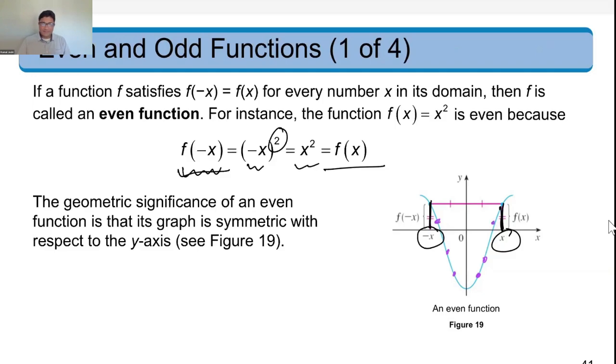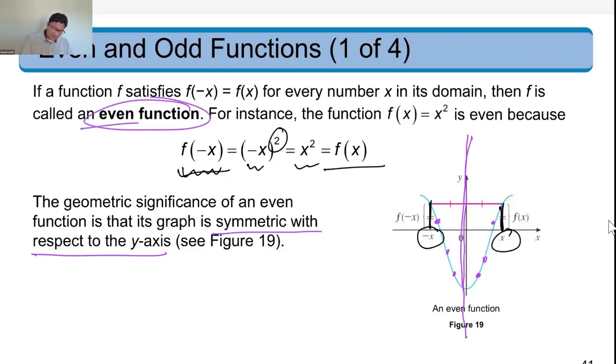Now, what does that mean? That means if you draw a line through the y-axis, or just look at the y-axis, on the two sides, the graph should be identical, right? That's what we call symmetry. The graph is symmetric with respect to y-axis. And that becomes the characteristic of even functions. Okay.